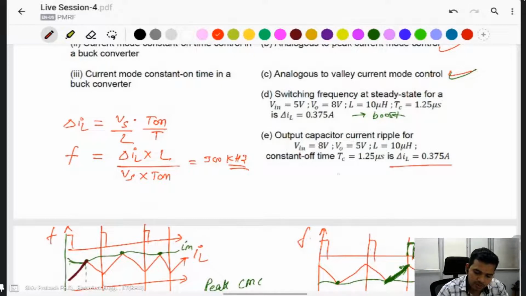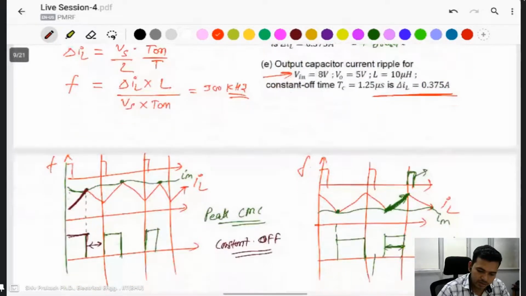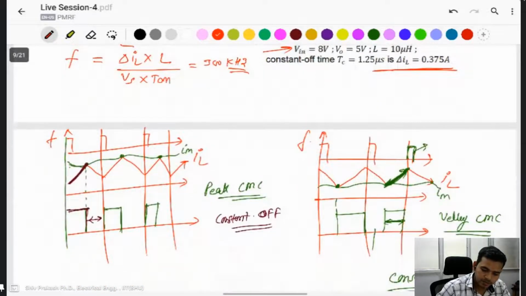This one is for the buck converter, Vin greater than V naught here. Delta IL is also given here. If you find delta IL, the same applies for the condition. Delta IL for the buck converter, then you find this current. I think V naught minus Vs minus V naught is in the first condition. And after you use it, then you will connect it.